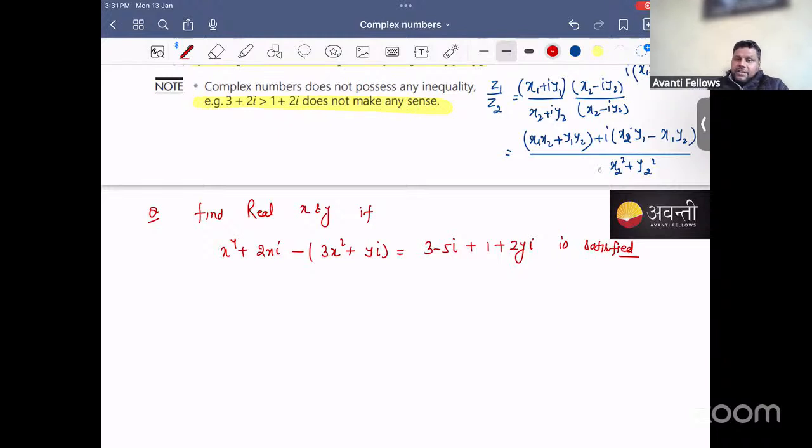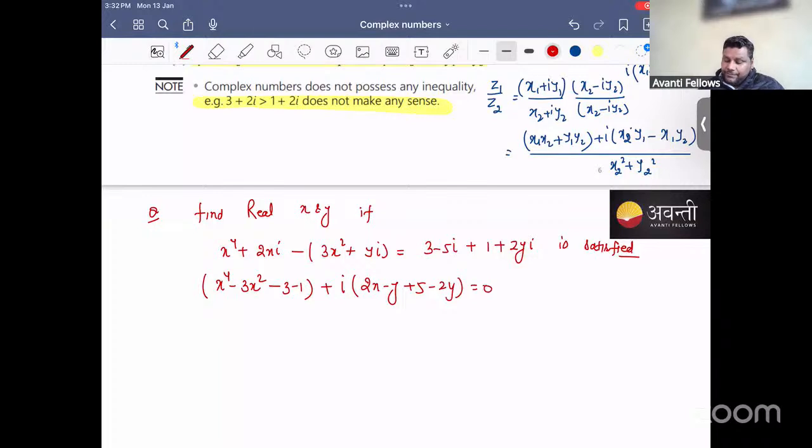All right, see, just now we have compared. Collect all the real parts one side: x to the power 4 minus 3x square minus 3 minus 1. Now take everything with iota in one bracket: 2x minus y plus 5 minus 2y.